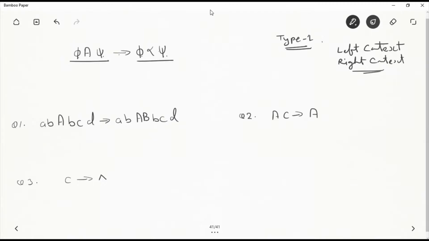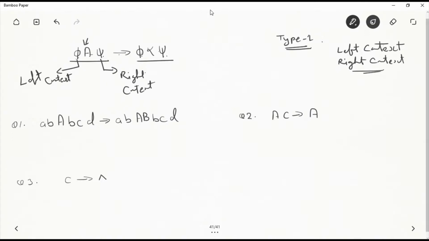If you see here, just compare LHS and RHS. What are the things that are the same or identical? Phi and psi. So this is called the left context, and this is called the right context.